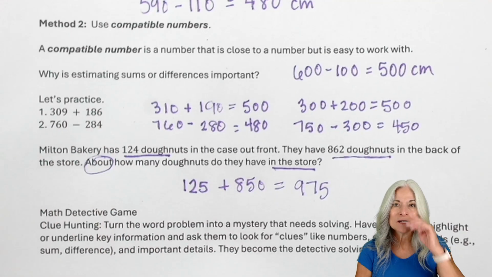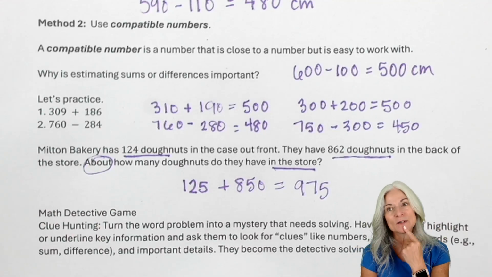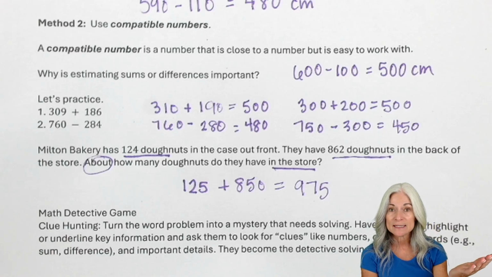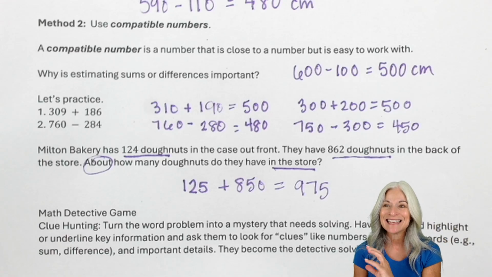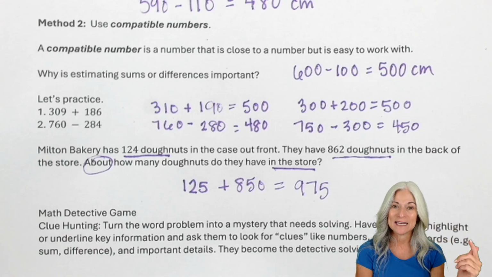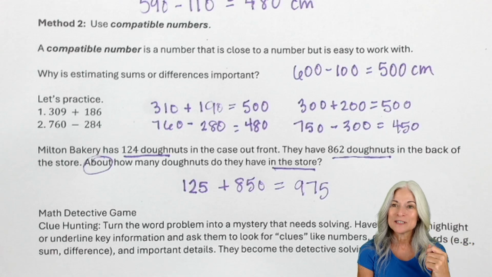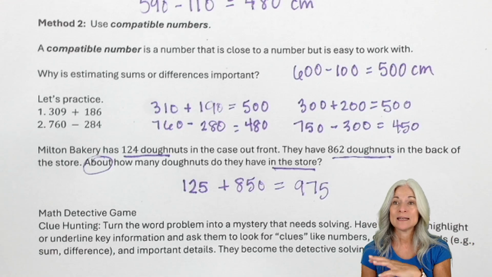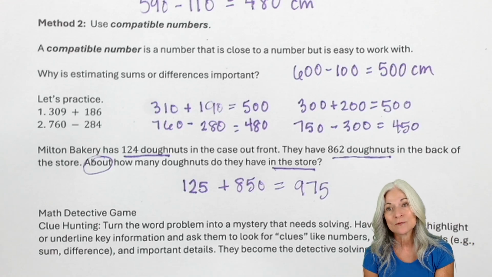Question here for us to talk about is why is estimating sums and differences so important? Why would we think about starting off a unit with something like this? Because students are going to actually in this unit be finding sums and differences. We always want them to mentally estimate so that when they get their answer, we can at least look and see if it's reasonable.